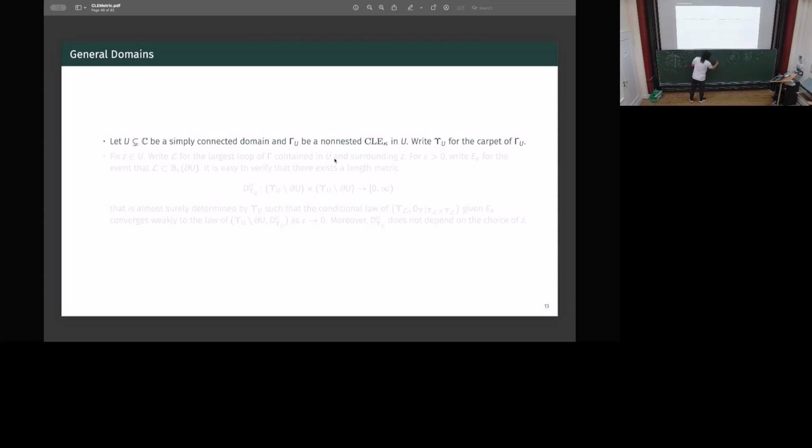You just choose a domain U, and you fix a point z inside, and you also consider the whole-plane nested CLE, and there will be a largest loop that is contained in U and surrounds z.